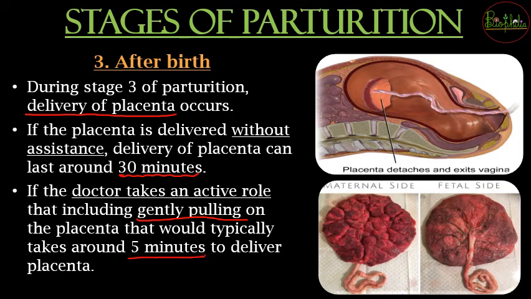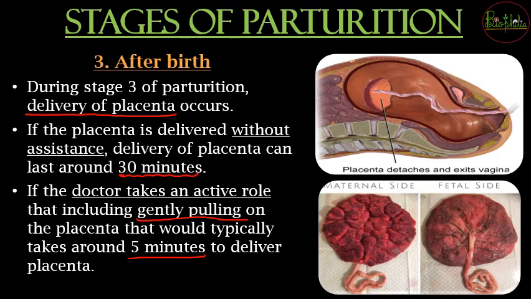So it depends on what is suggested for the mother by the doctor. Without assistance it can take about 30 minutes, and with the active role of the doctor it can take about 5 minutes to deliver the placenta. So placenta will detach, it will exit through the vagina, and that will be the end of the parturition.